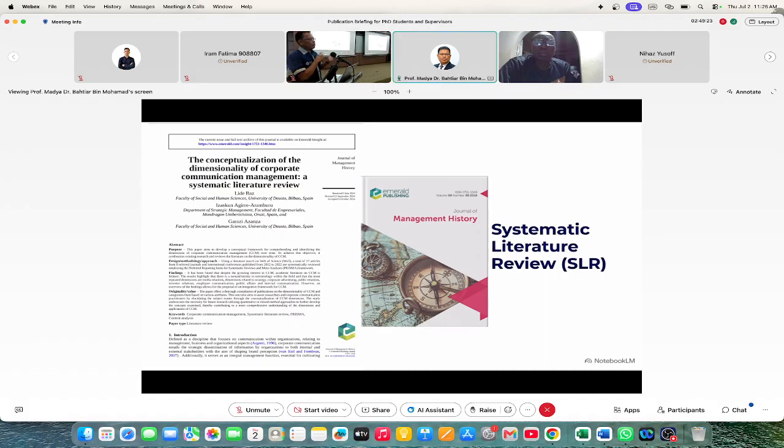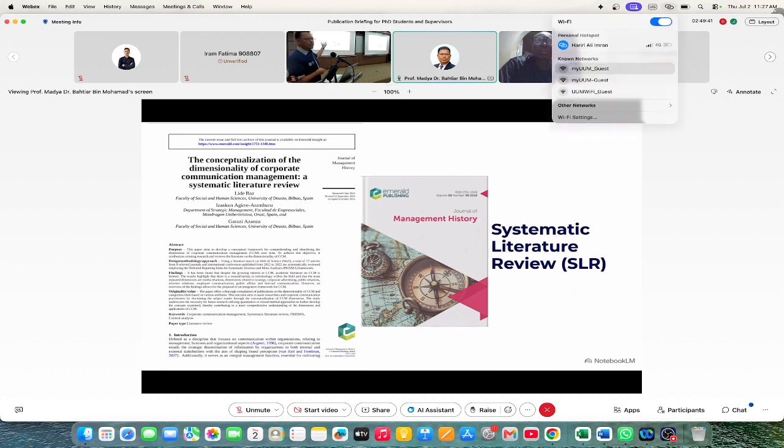You can go and check, but totally you have a different topic. You look into your topic, then you follow the same style of writing because they have a standard of writing. For SLR, they always ask you to use PRISMA, you follow the process. So you can see that SLR can be published in Q1 journals.